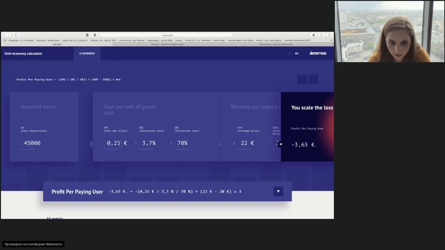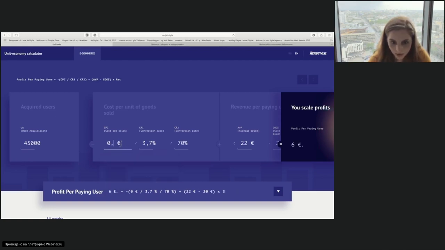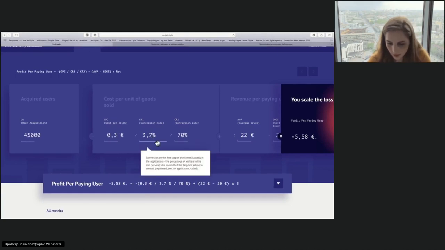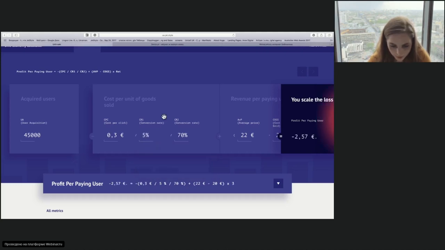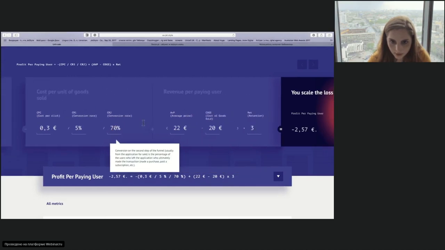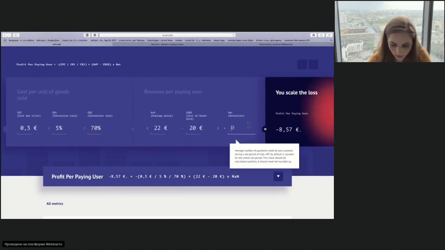So if we are targeted, also our cost per click will increase because the targeted audience is much more expensive. Let's say we did a great job, and this conversion rate will increase also to 5%. This whole story is also very optimistic, and of course the retention also grows.